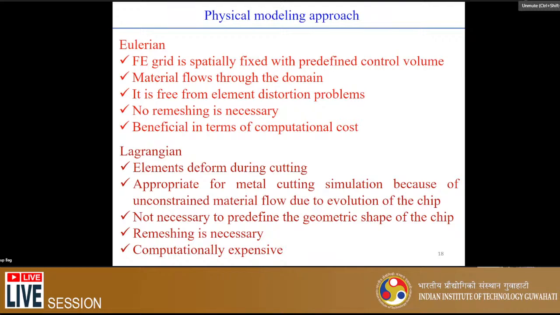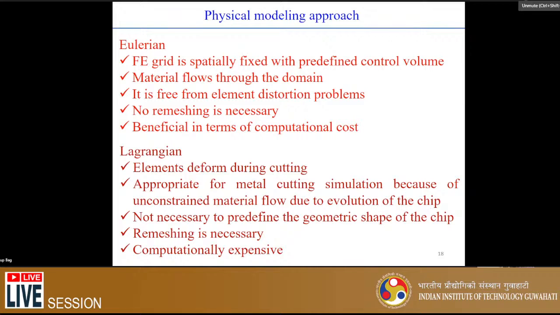But how can you define the variable? At each and every node point you define the variable, such as the velocity field. That is the Eulerian approach. So material flows through the domain, but the domain is not moving; you keep it fixed. This type of approach is free from any kind of element distortion. Basically you are not allowing the elements to deform.